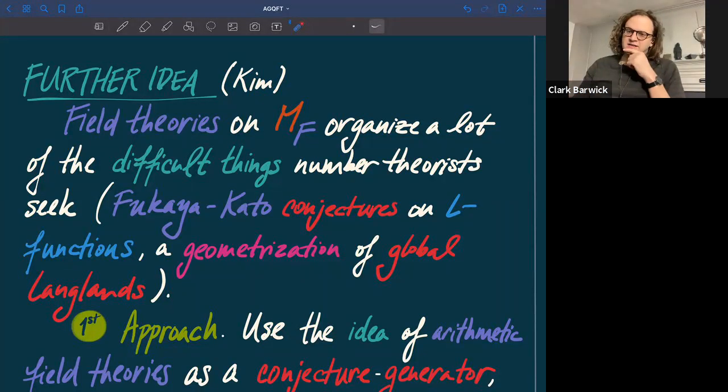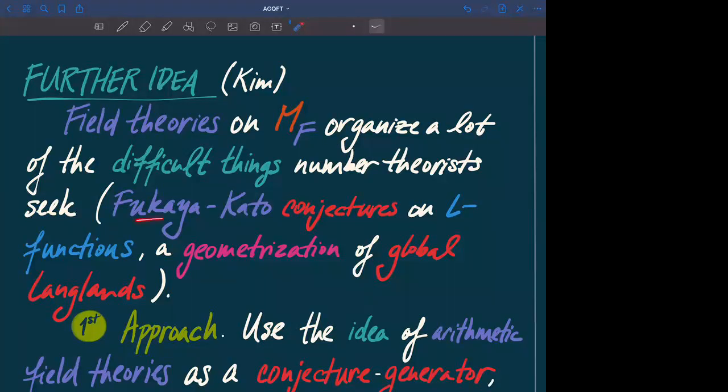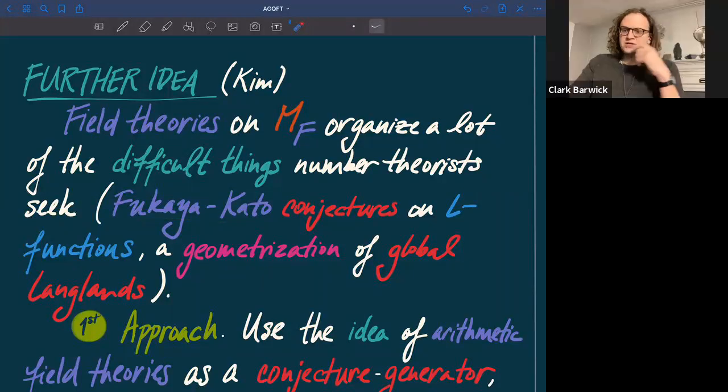And the question is, can you construct that with all the properties that they predict? There are a large number of properties that they predict. The conjecture is that if you really understood how to write down field theories, then these things would exist as amplitudes for your corresponding field theory. They'd actually be honest amplitudes for your field theory. So this leads to the motto that L functions are the same things as wave functions.